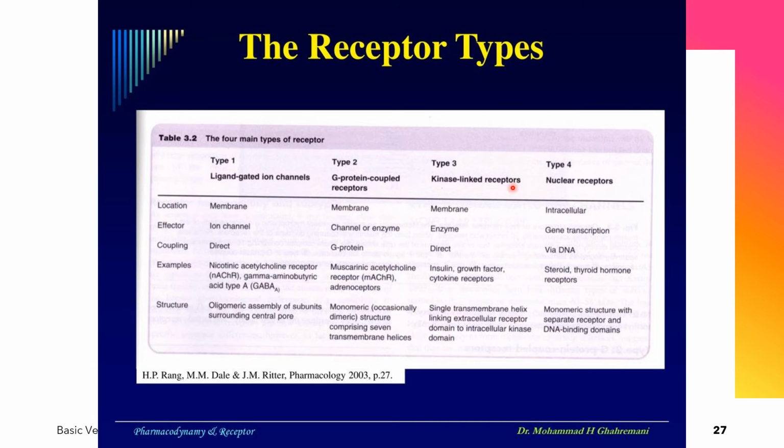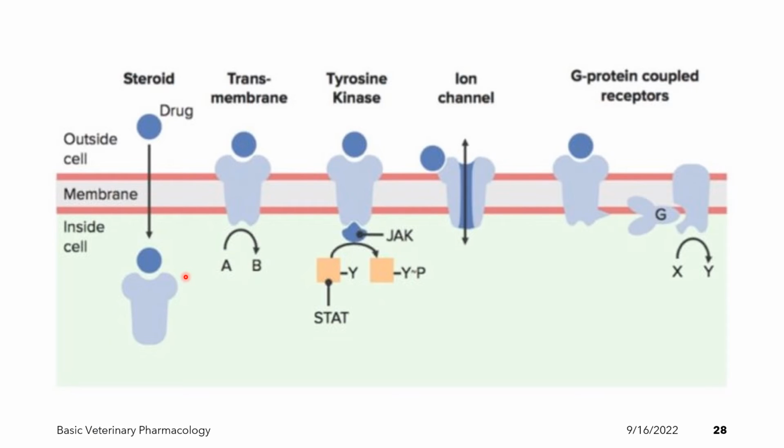For the kinase-linked receptors, aside from insulin receptor, we also have the growth factor and the cytokine receptors. And for the nuclear receptors, aside from the steroid receptors, we also have the thyroid hormone receptors.